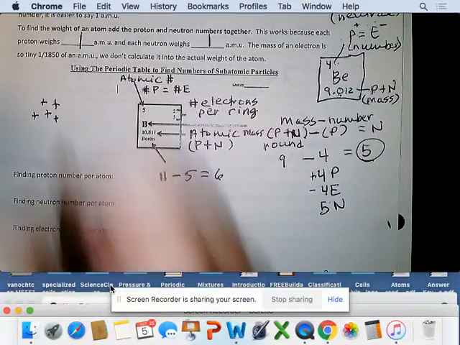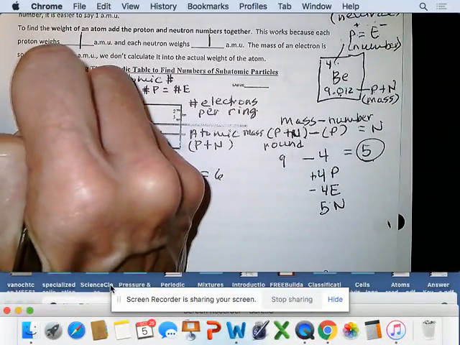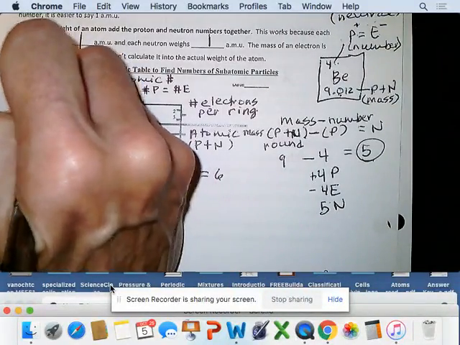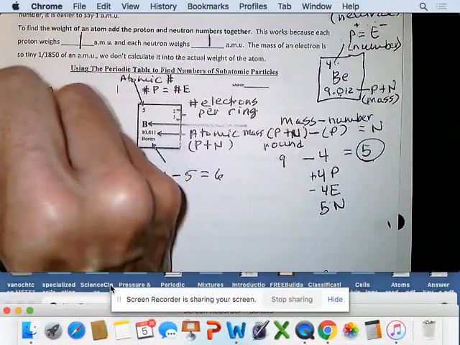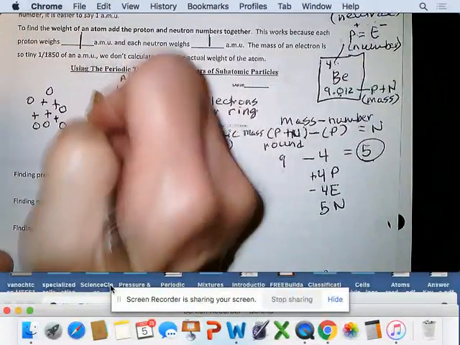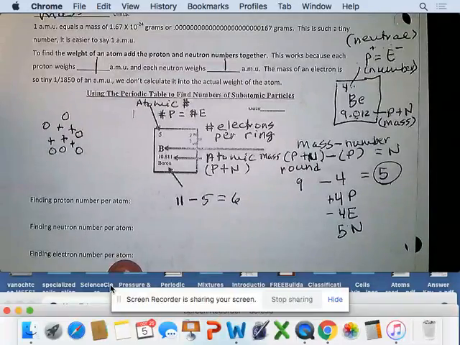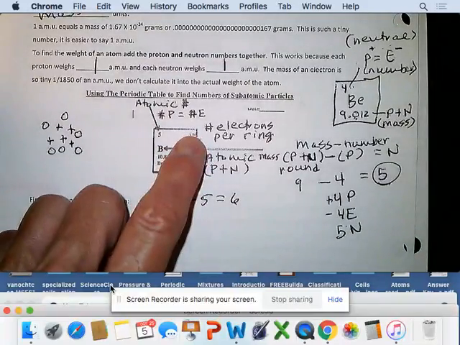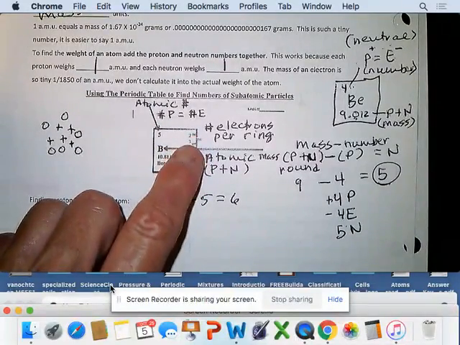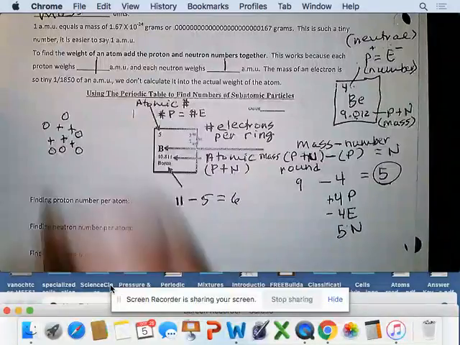Okay. So then let's go ahead and we'll just draw circles right now. 2, 3, 4, 5, 6. This is how we would draw our atom. Okay, so these are our neutrons. And then the periodic table tells us we have 2 electrons in the first, 3 electrons in the second ring.